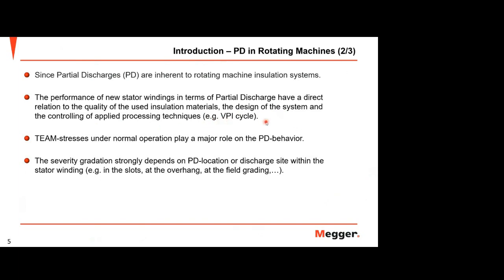On the other hand, the operation mode, and the associated thermal stresses, play a major role in partial discharge behavior under motor operation in normal condition. The severity strongly depends on the PD location, or discharge site, within the stator winding. For example, it depends on whether the location is in the slot section, at the overhang, or at the field grading.